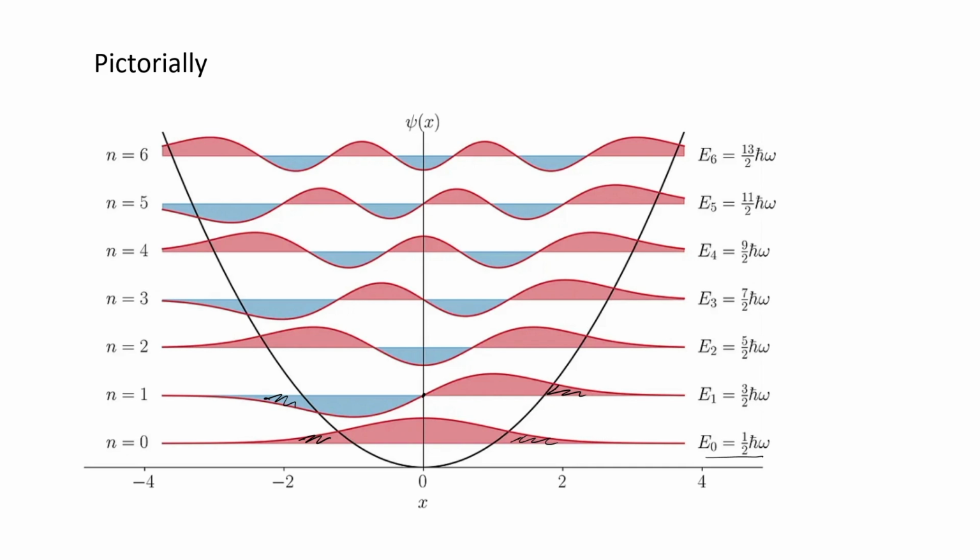So, they are nice Gaussians. They do not end abruptly at the edge of the oscillator, but smoothly die off to 0 as exponential minus some constant into alpha square.